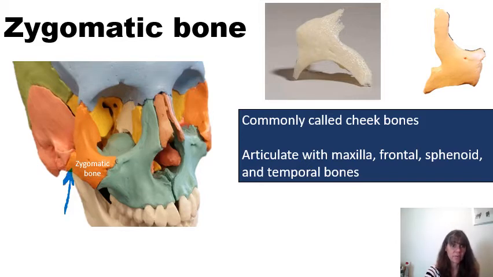So here's the temporal process of the zygomatic bone. It's that little piece reaching back to the temporal bone. And as you can see, the zygomatic bone forms an articulation with the temporal bone, with the frontal bone, with the sphenoid bone, and also with the maxilla right here.